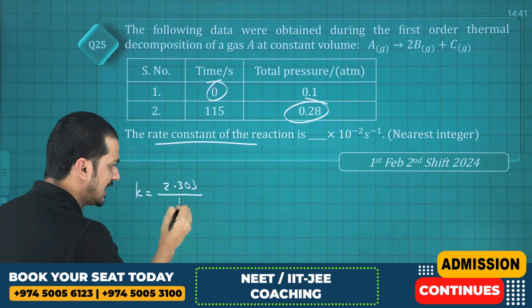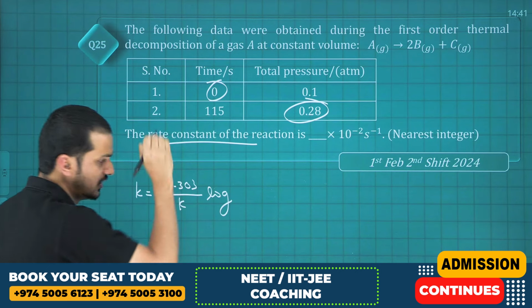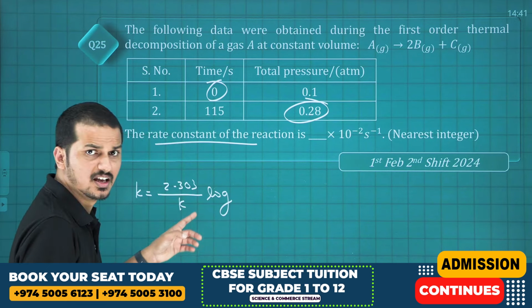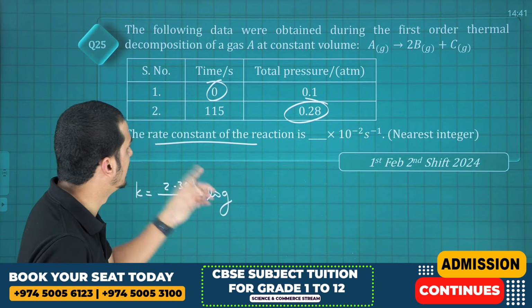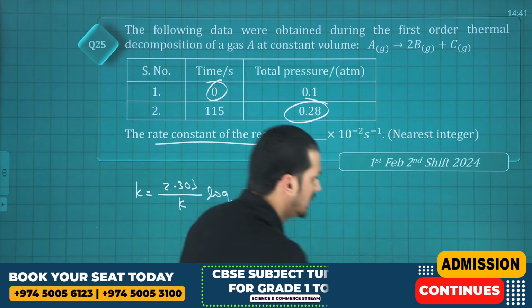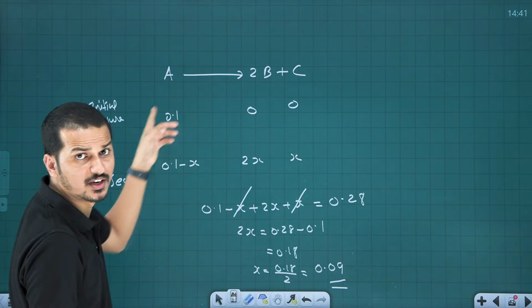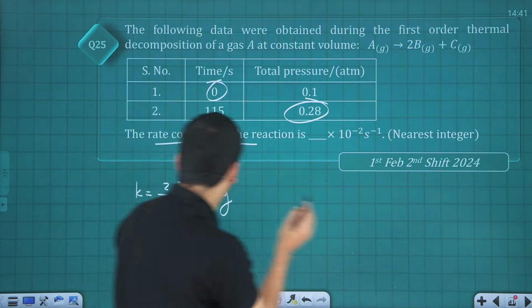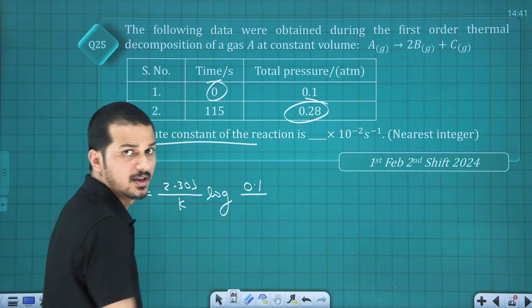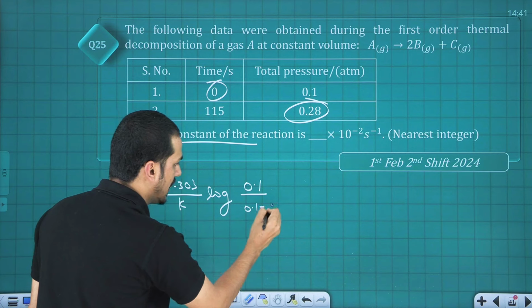k equals 2.303 by t times logarithm of initial divided by final. Initial is 0.1, divided by final, 0.1 minus x.